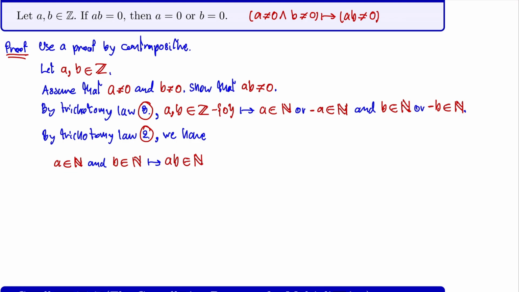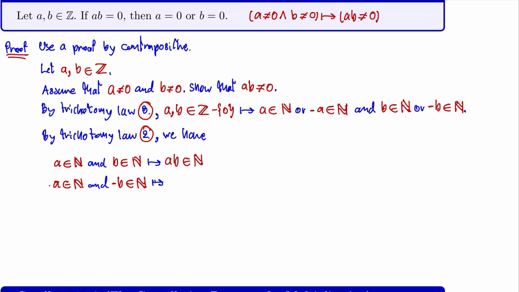Another case is that a is positive, but b is a negative integer. So what do we have here? We're going to have a times minus b, which is minus ab.